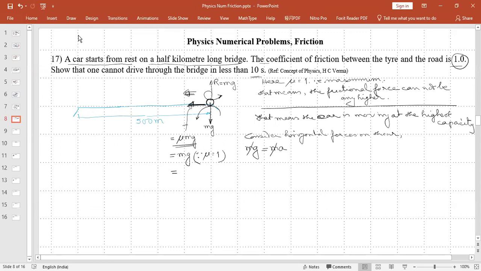That means m and m get cancelled. Therefore, you get acceleration a is equal to g.